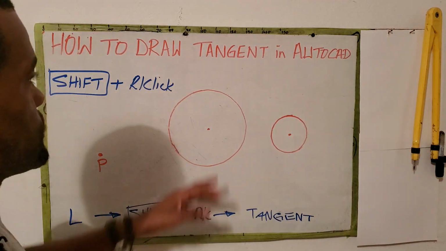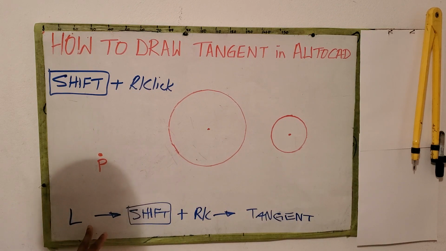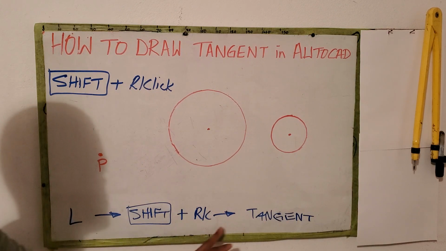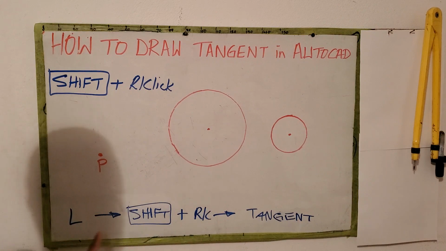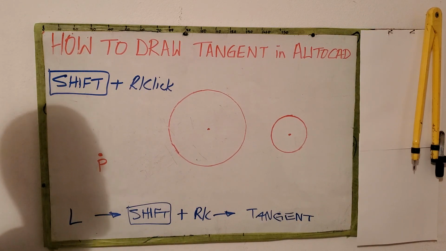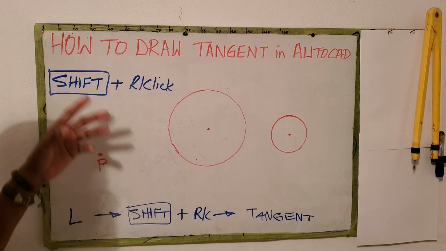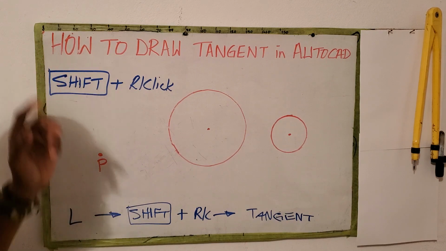Now, say for example, we wish to draw, well, before I do that, I need to get into something. This is basically the sequence in which we normally draw a tangent in AutoCAD. First we must activate line, so we type L for line, followed by the enter key, or you could choose to select the line from the icon.